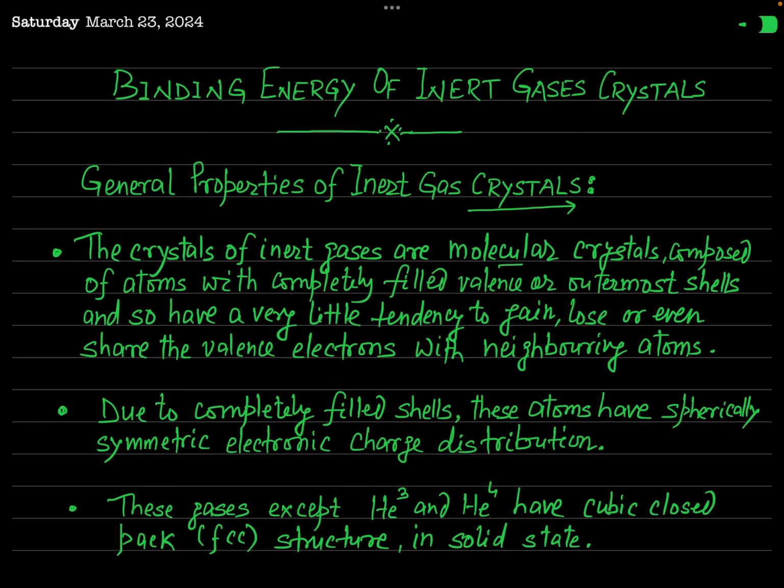These molecular crystals are composed of atoms whose valence shell, or you can say the outermost shell, is completely filled with electrons. As you know, the outermost shell of inert gases is completely filled with electrons, and so in this case too, the valence shells of the atoms of this molecular crystal are completely filled.